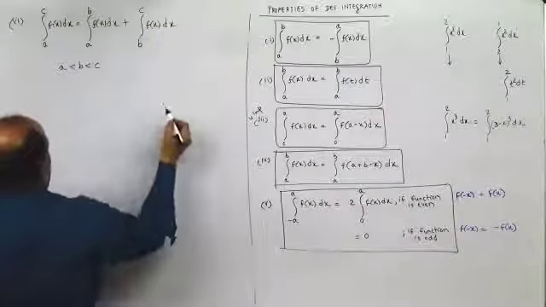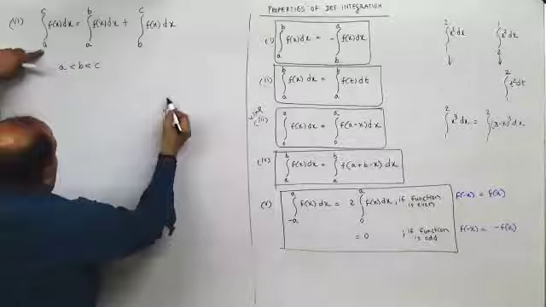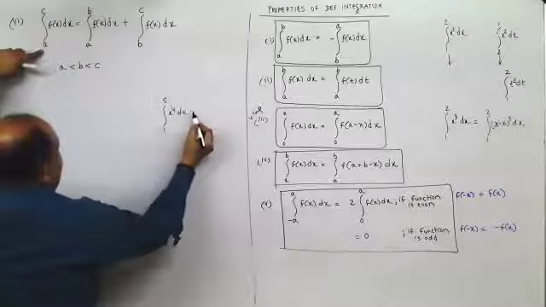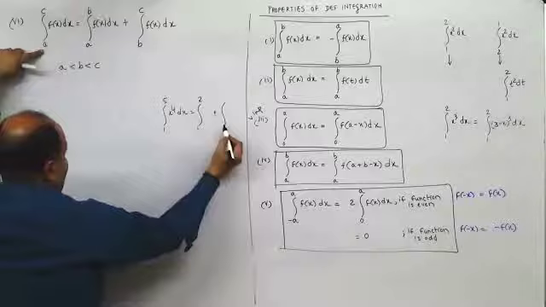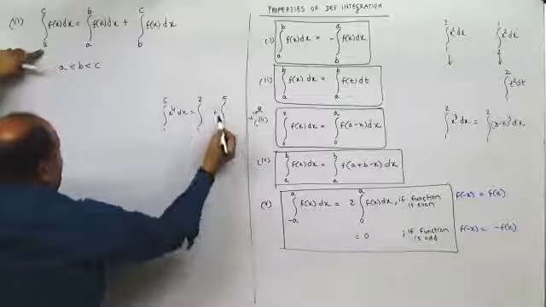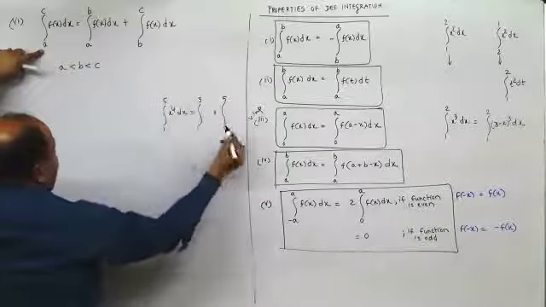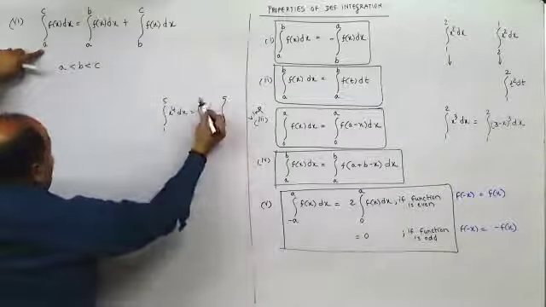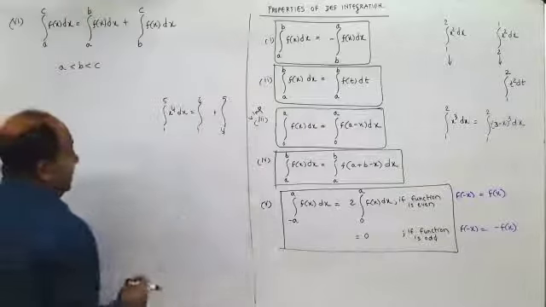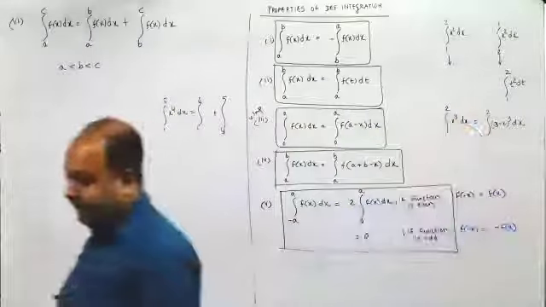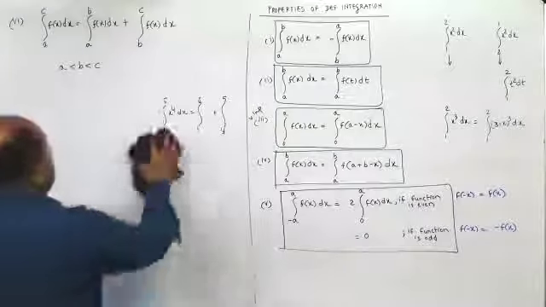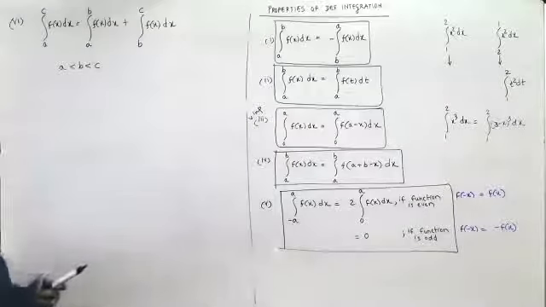For example, if it is between 1 and 5 of x raised to 4 dx, I can take any value in between: 1 to 2 and then plus the same point, I'll continue with 2 to 5. Or I'll take 1 to 3 and I'll take 3 to 5. Or I'll take 1 to 4 and I'll take 4 to 5. I'll keep the function the same. This is the sixth property.